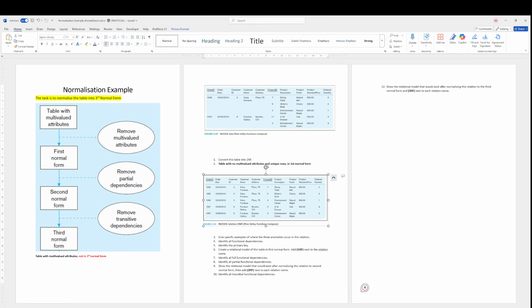Insertion. If I add a new product, for example, product ID number 8, then I need to enter the customer address, the customer name, the customer ID, order date, order ID, which does not make sense. The third issue is the delete. If you wanted to delete, for example, this pricing here, the 650, then this one will remain.